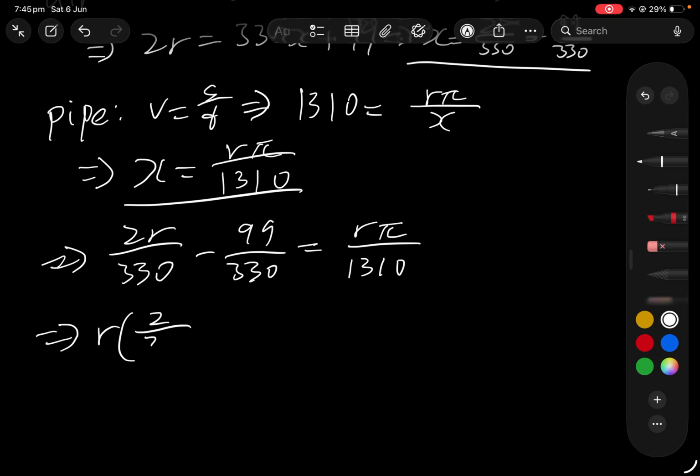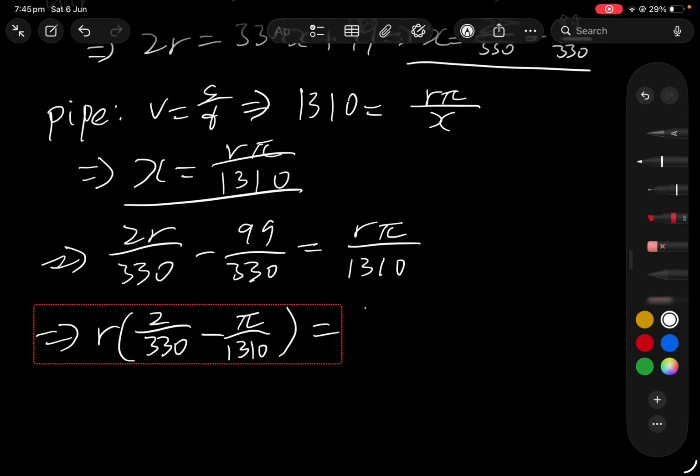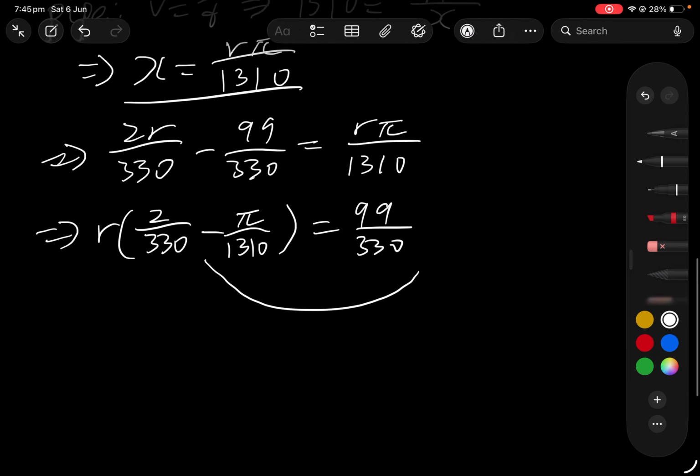So 2 over 330, this moves over here and becomes negative, so minus pi over 1310, because you took r out, and that should equal 99 over 330, and then we just divide that on that side.